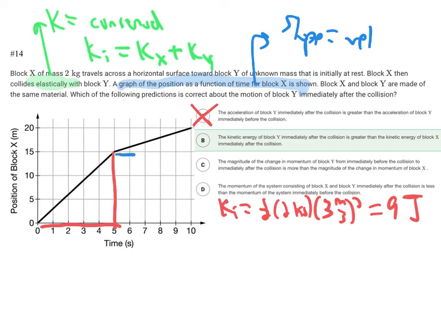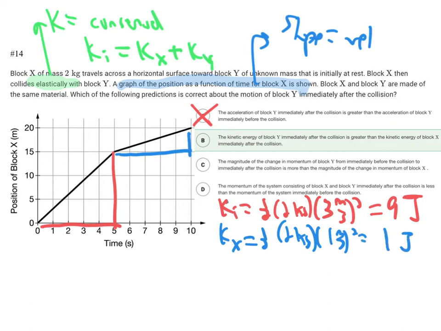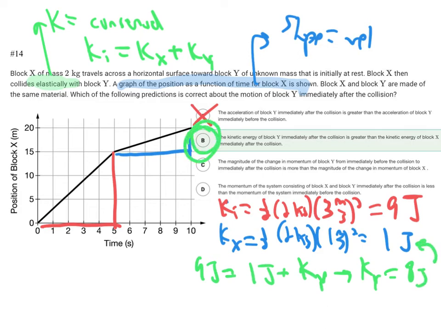And then after, for X, we'd have 1/2 times 2 kilograms times, it looks like 5 meters in 5 seconds, or 1 meter per second. So that's 1 joule. This means that 9 joules equals 1 joule plus the kinetic energy of block Y. The kinetic energy of block Y is 8 joules, which is certainly greater than that, so that's why that one's true.